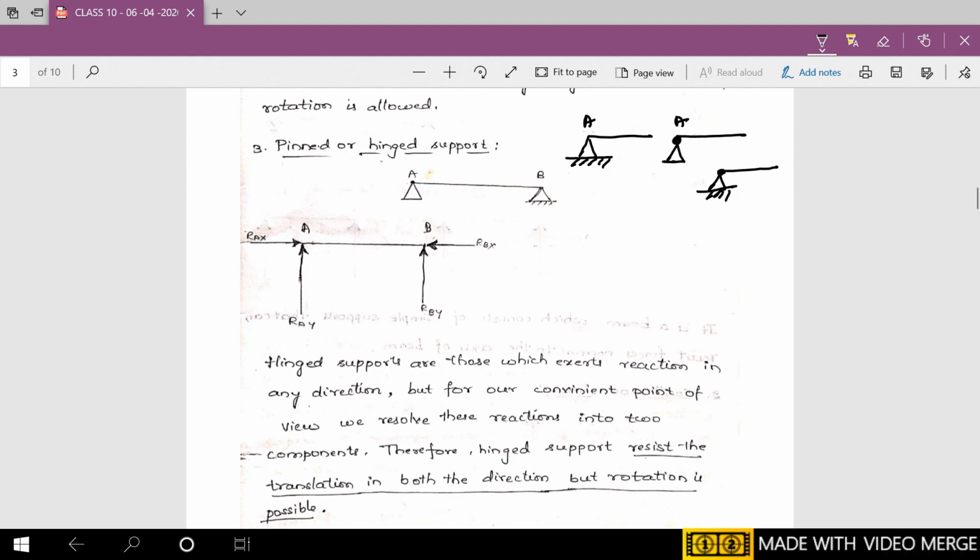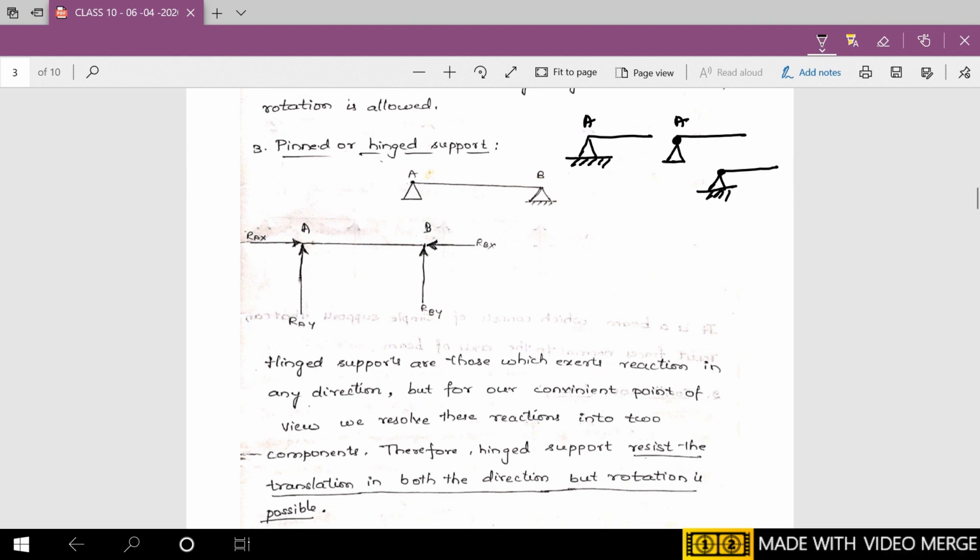You can't move the door in the Y direction, up or down. You can't even move the door in the X direction, towards the left or right of its point, but you can only rotate along the hinge. That is what is called a pin point.